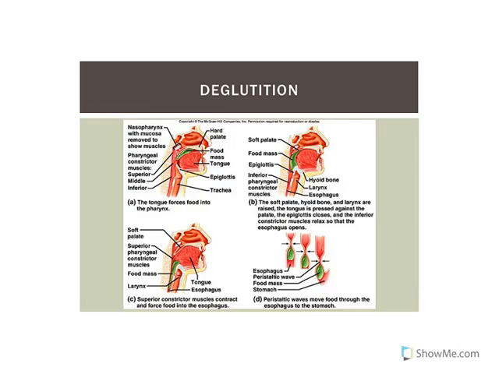So the first phase is referred to as the buccal phase. In the buccal phase, the food is in the mouth, the tongue has just moved that bolus of food back towards the pharynx. That will then trigger the initiation of the swallowing reflex.